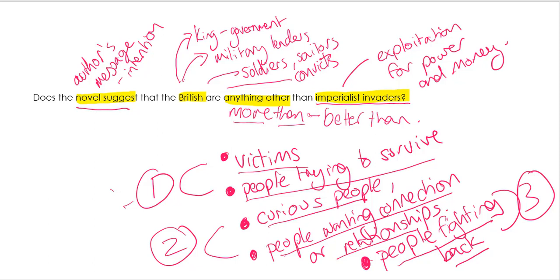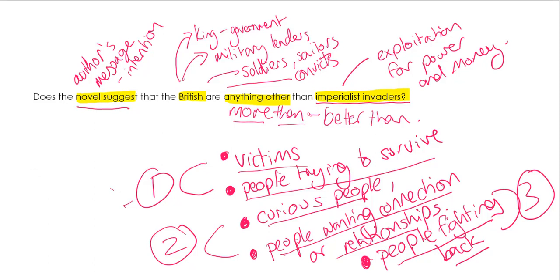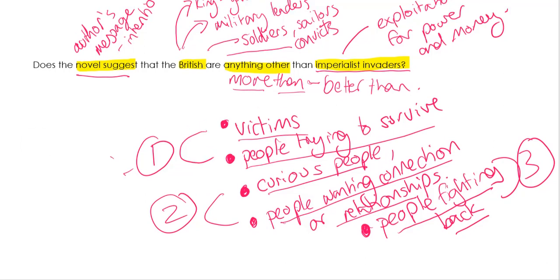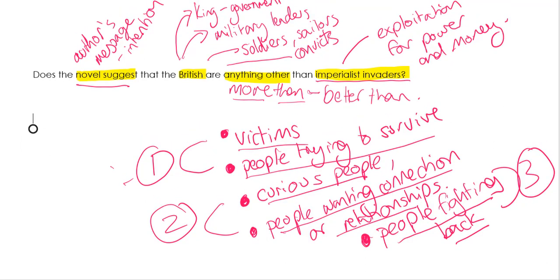And when I thought about that, what I ended up with was the ways that these people, other than being imperialist invaders, are in some senses, some of them, victims. The convicts, for example, are more than invaders.